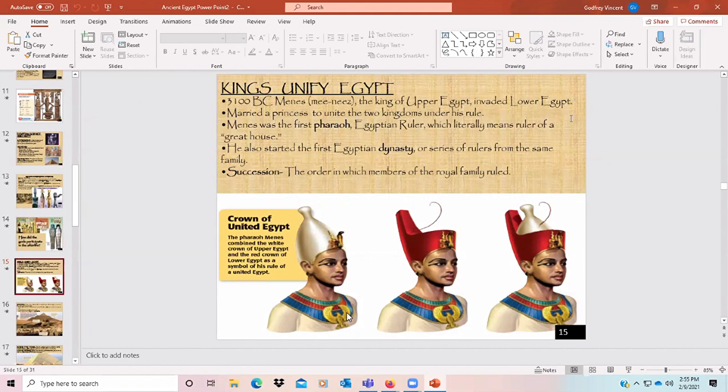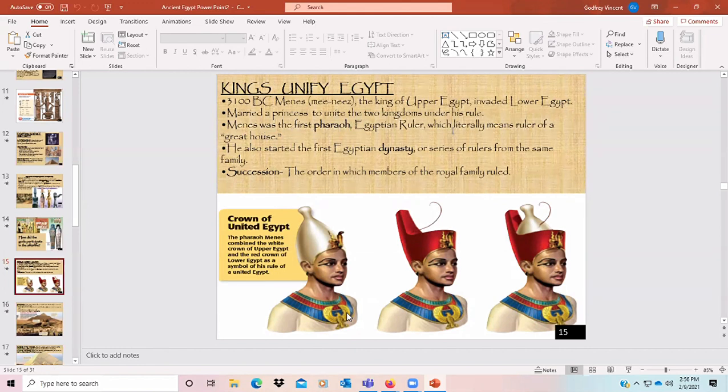That's the part with the Nubians and the Kush people. And he united the whole country. And he married a princess probably from Upper Egypt. The king of Upper Egypt invaded Lower Egypt. He married a woman there and he united the empire.